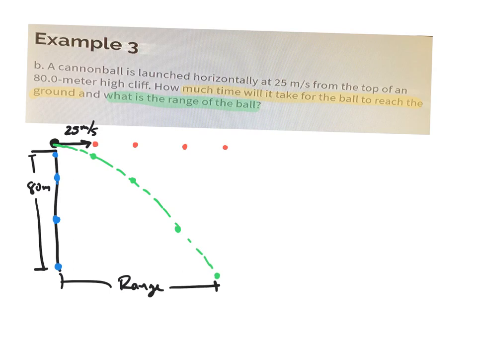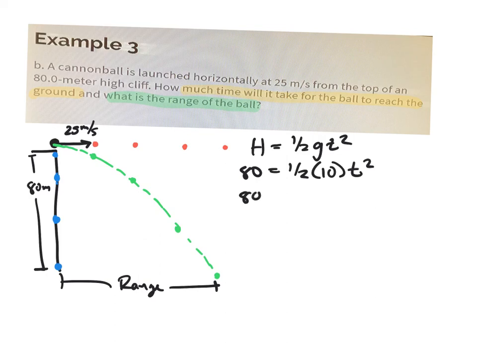So for the time, we're going to use our height equation. I know that the value you're given is the height, so I can use the 1/2 gt squared to find the height. I know my height is 80 meters, so I'm going to take half of g, which is 10, and I'm going to try and find the time squared. That's going to tell me the time it's going to take to reach the ground. If I take half of 10, it's going to give me 5.